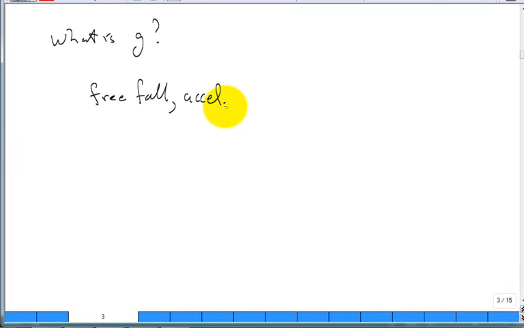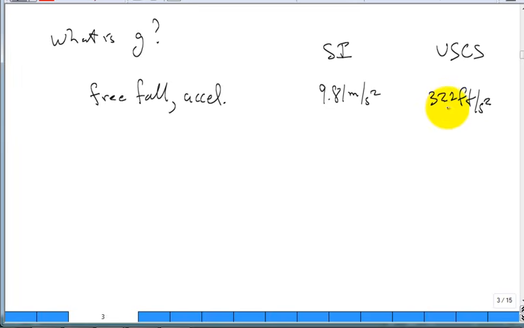It was free falling to the surface of the earth. What was its rate of acceleration? That's right. It was 9.81 meters per second squared in the SI units. And in the United States customary system of units, it had experienced a free fall acceleration of 32.2 foot per second squared. Now, somebody says, gee, a lot of stuff in engineering isn't free falling. Most of the time it's just sitting there.